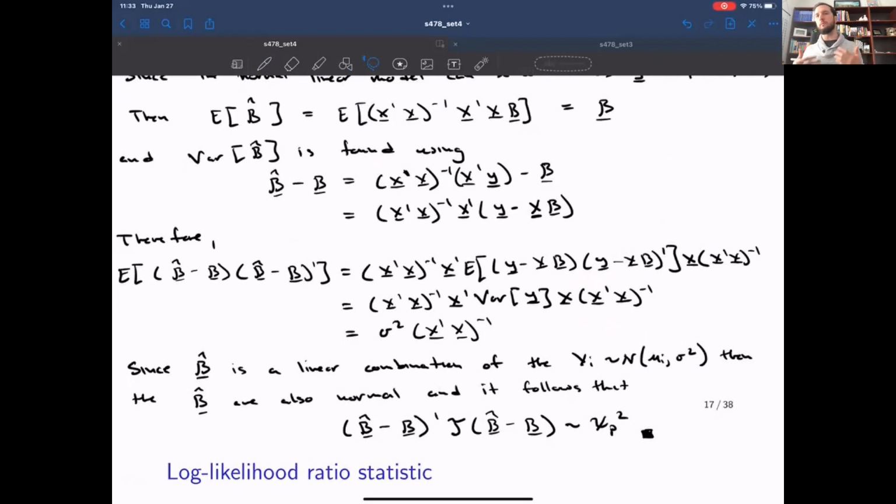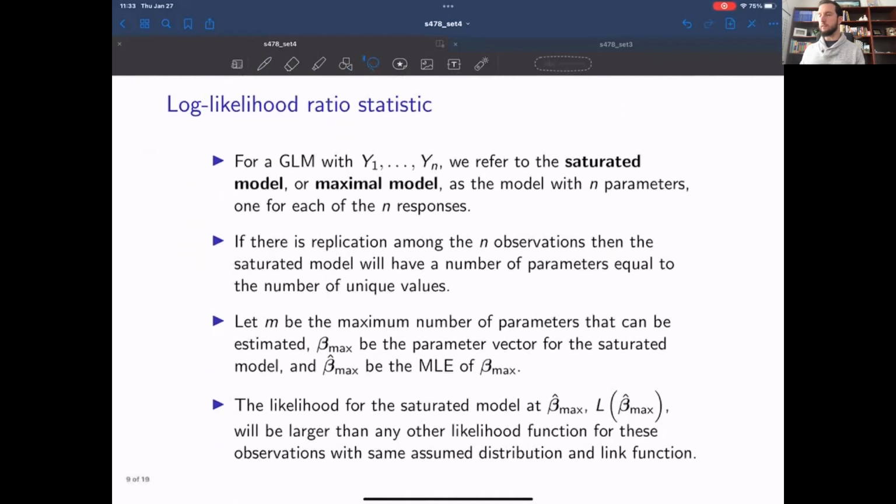This is something we would have seen back in Stat 378 with MLR models. What we're going to do now is use the general result for the sampling distribution of the MLE from the GLM to derive a model validation criterion.